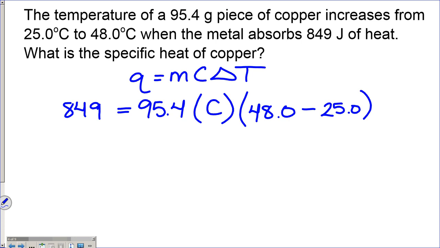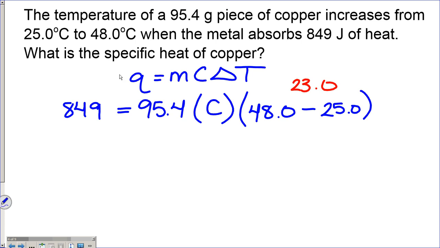From here, you can go ahead and subtract those before calculating. Do keep in mind, be consistent with your sig figs. So if you subtract these, you get 23.0 because they both have one digit currently.